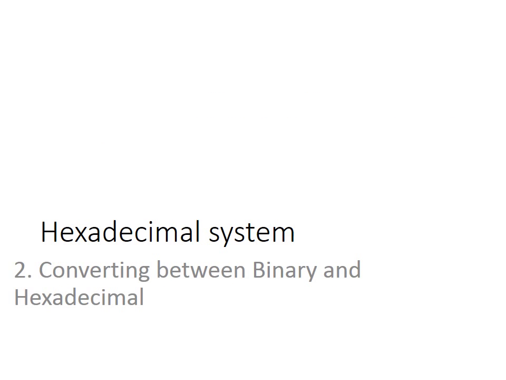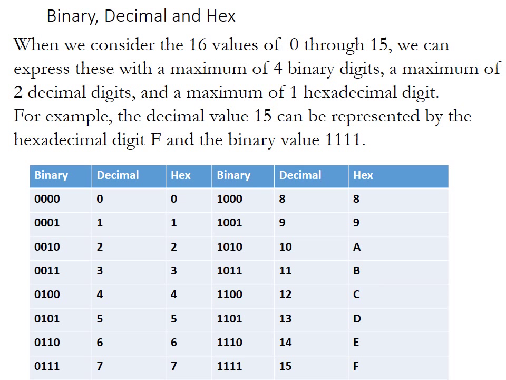Now let's talk about converting numbers between binary and hexadecimal. This is a table that is showing all binary, decimal, and hexadecimal numbers up to F. For example, the decimal value 15 can be represented by the hexadecimal digit F and the binary value 1111. So, a one-digit number in hex can be converted to a 4-digit number in binary.